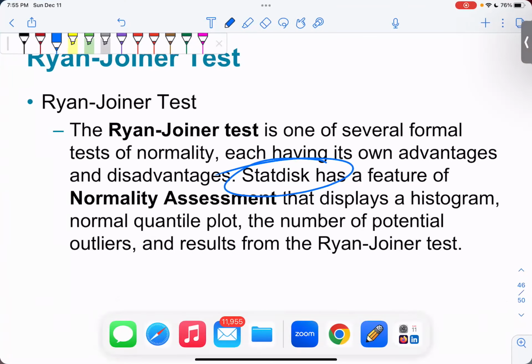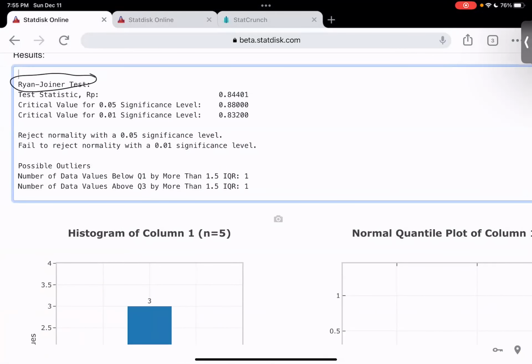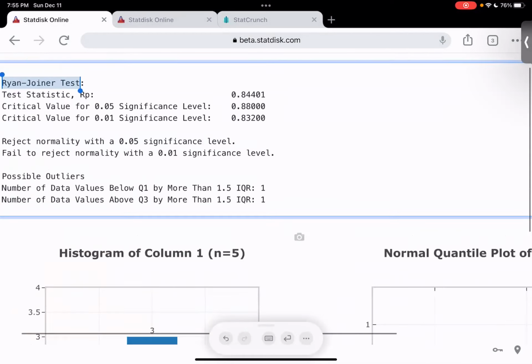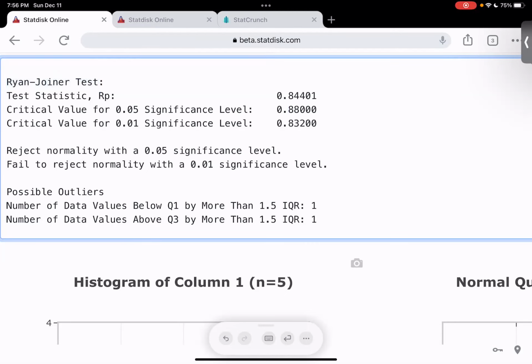So if you look here at the test we did, using the Ryan-Joiner test, this value is equal to 0.84, and the critical value 0.88.